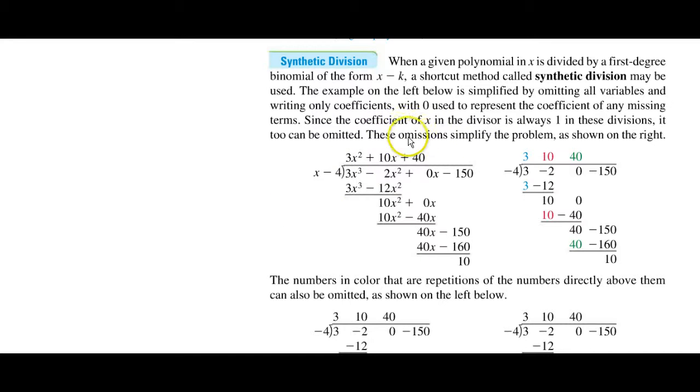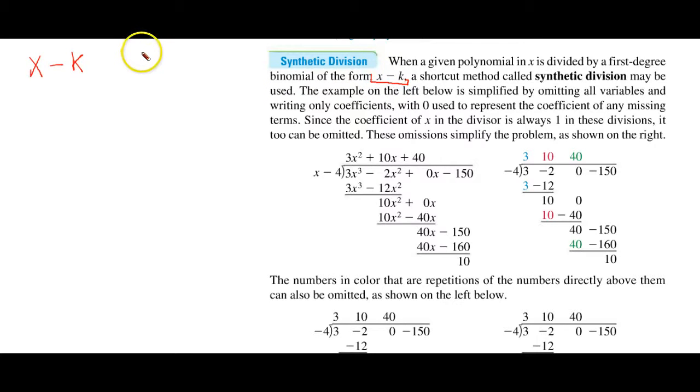Now, the key to it is, in order to use synthetic division, it has to be in the form x minus k, which is what this book is using.